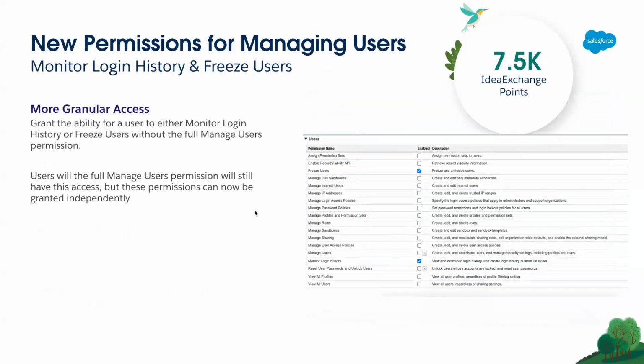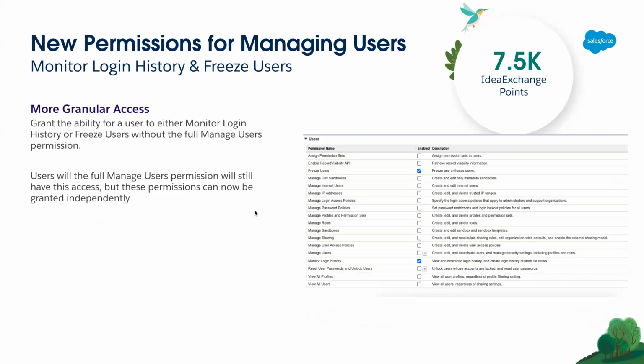Now, something else, this won't necessarily help in your transition from profiles to permission set groups, but it will help you with managing in the context of least privilege. We've heard from a lot of customers that they wanted to give some users the ability to freeze users or the ability to just view login history on a user, and they would have to give the full manage users permission to do that.